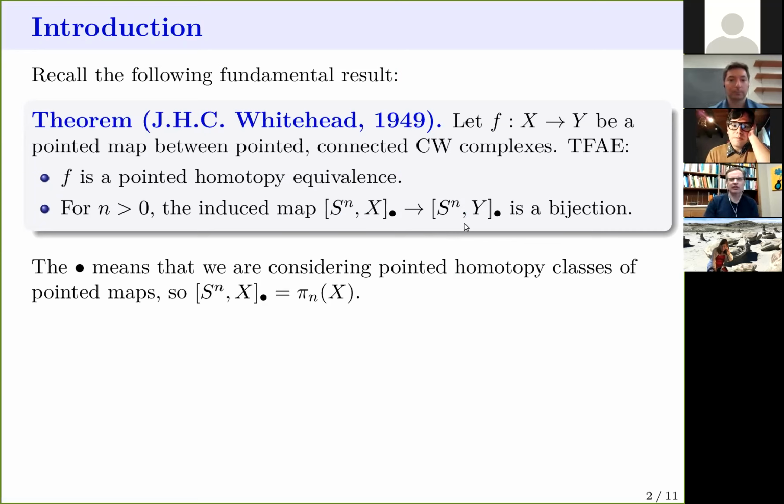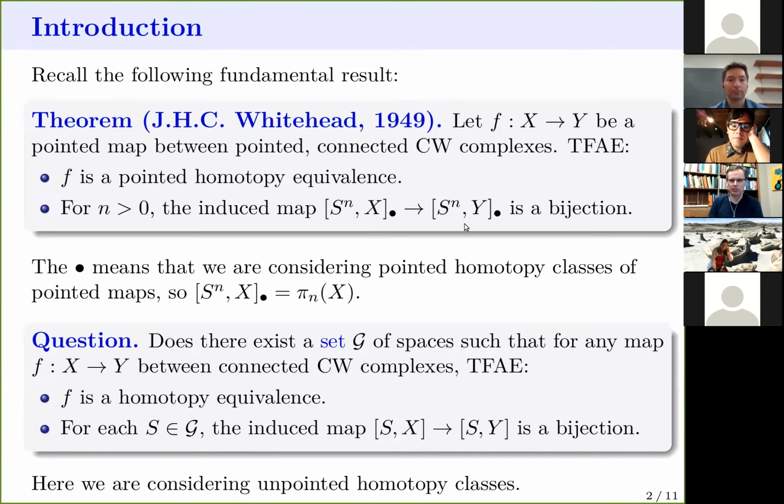So as soon as you see this, you wonder what happens if we don't have pointed spaces anymore.